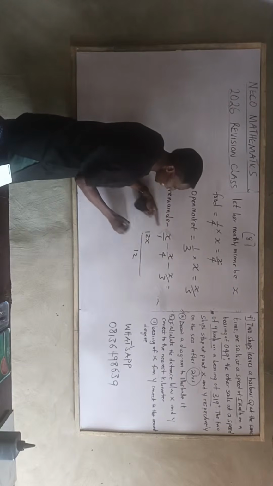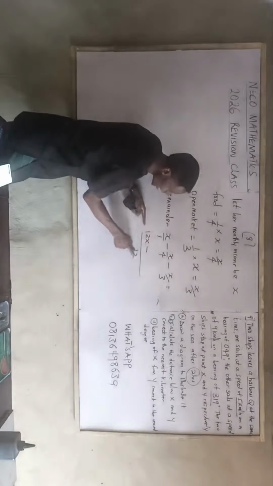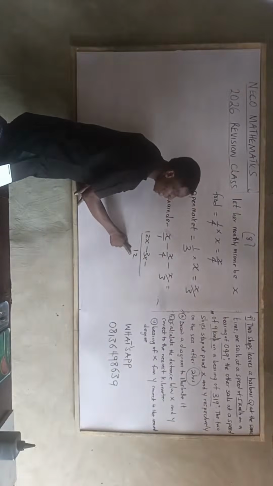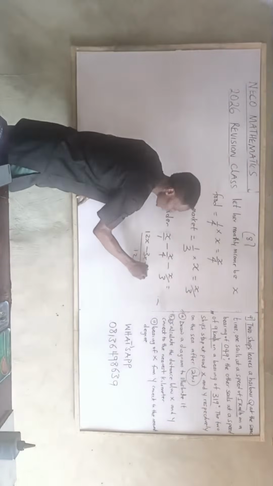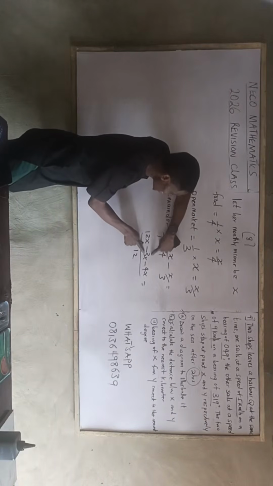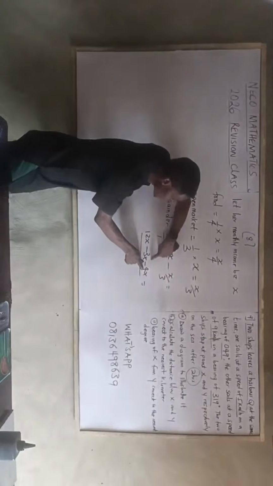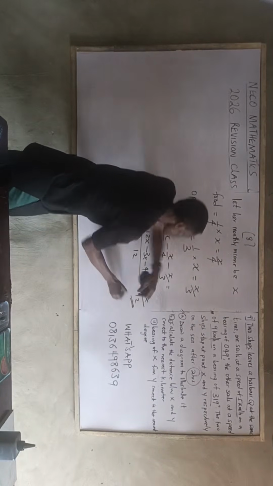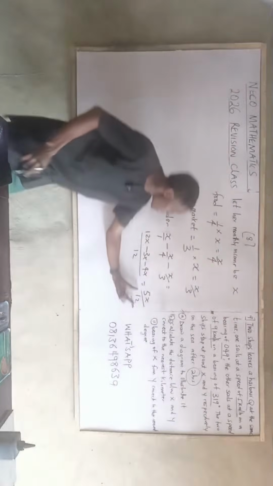So I've got 12x minus 4 in 12 is 3, 3 times x, 3x, minus 3 in 12, that's 4, 4 times x, 4x. So finally 12x minus 3x, that's 9x. 9x minus 4x, that's 5x. So I've got 5x over 12. Now this is the remainder.